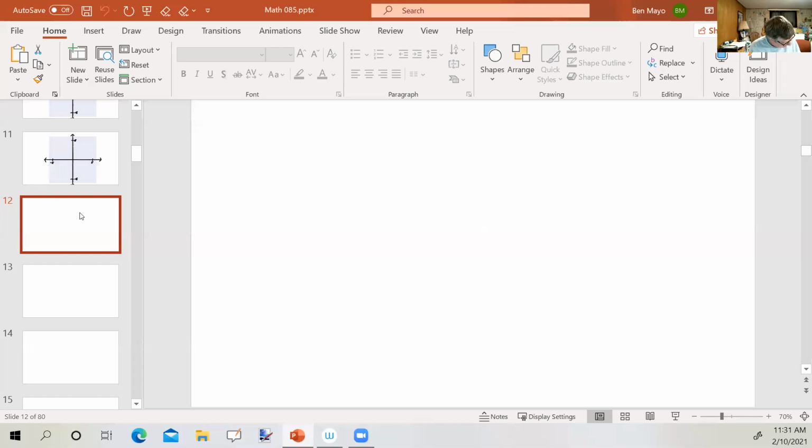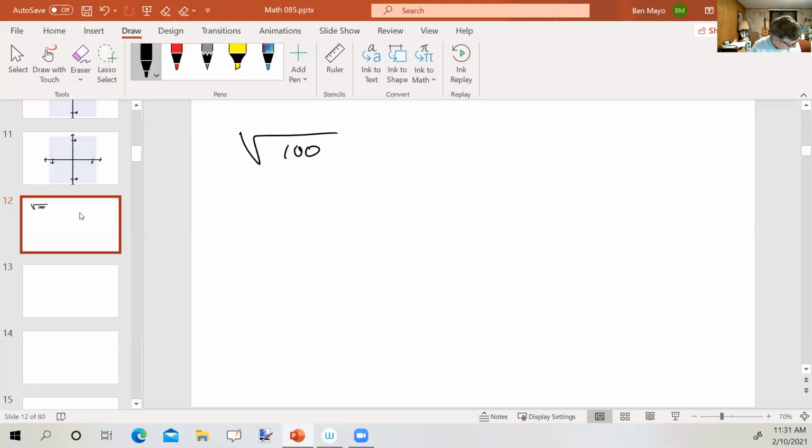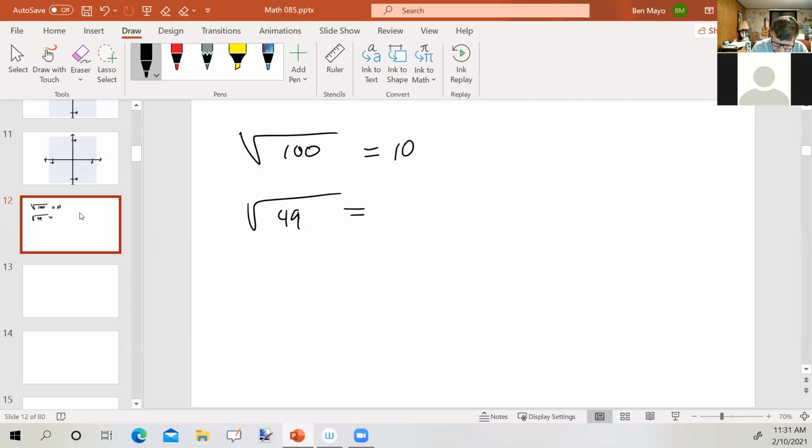So let's start out by taking a look at a square root. All right. So the square root of 100 would be what? Anybody? 10. 10, good. How about the square root of 49? 7. Good.